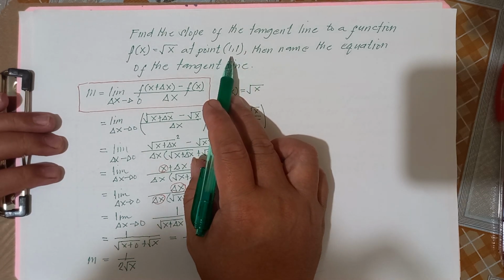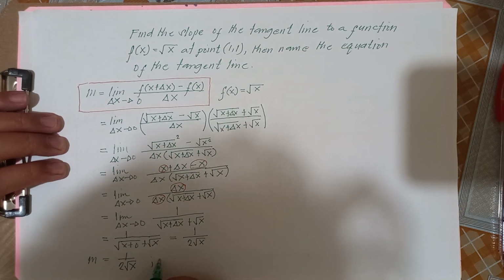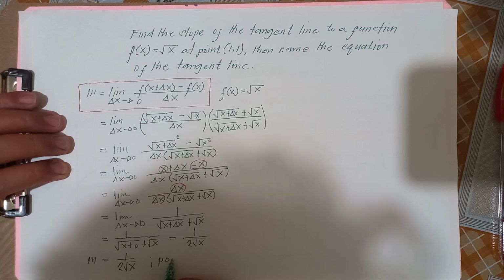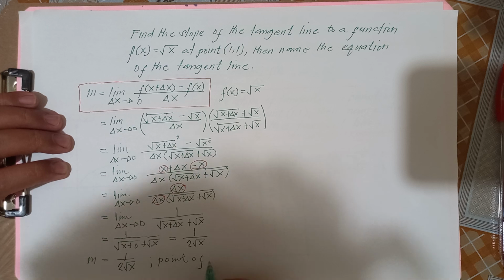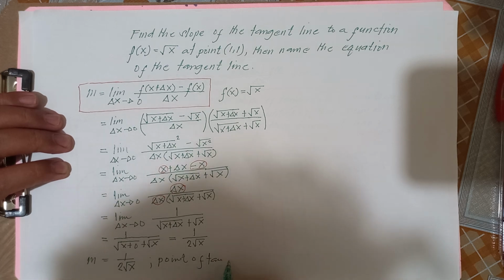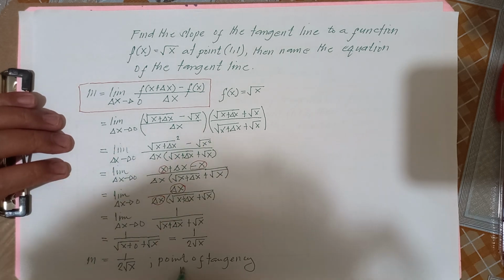So meaning to say, we can have now the slope considering the point of tangency, which is 1 and 1.